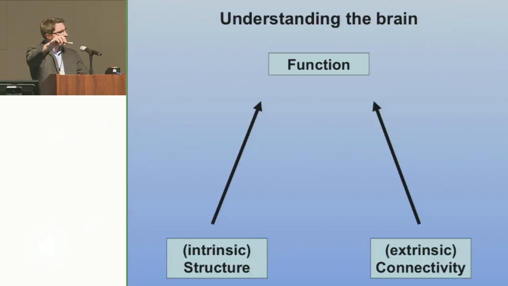One is extrinsic factors, so the kind of input and output, the interactions with other areas that a particular part of the cortex can entertain. But the second is the intrinsic structure, which is basically the local infrastructure of that particular patch.